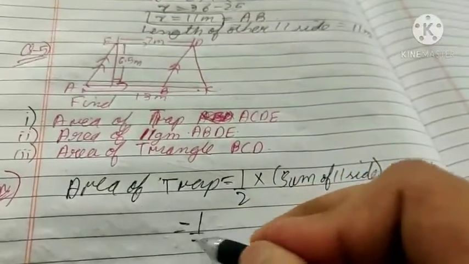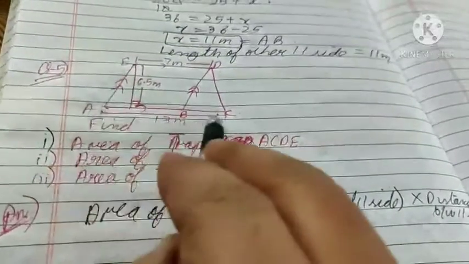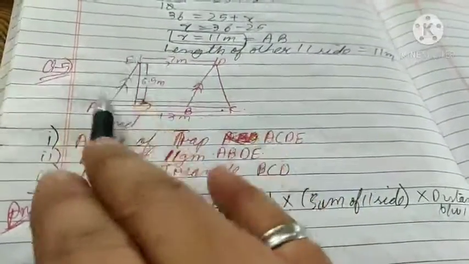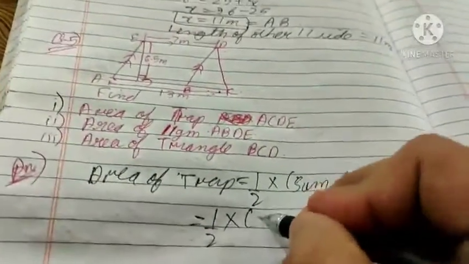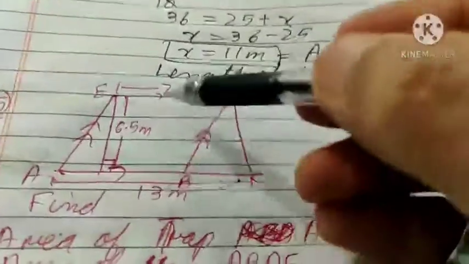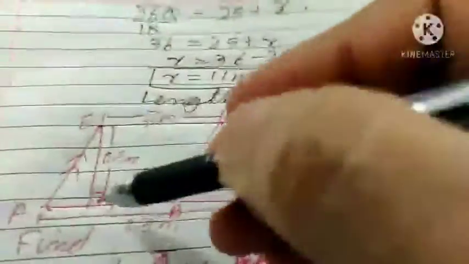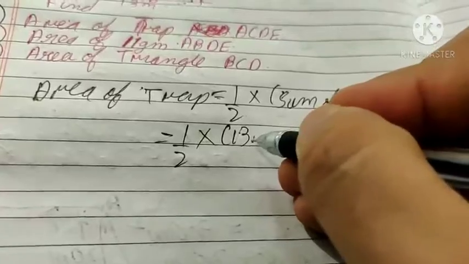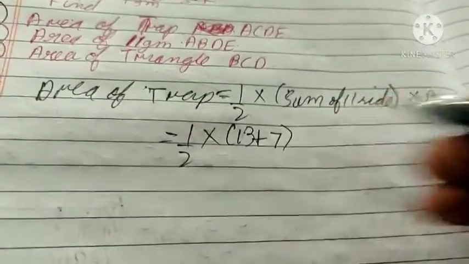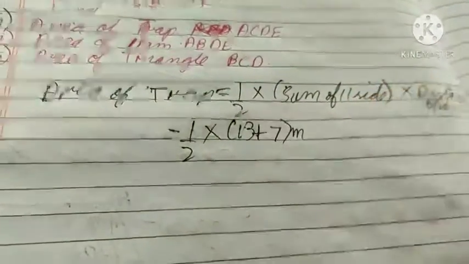So what are the parallel sides here? This and this, AC and DE are the parallel sides. In this complete trapezium, AC and DE are the parallel sides. So what are the lengths of parallel sides? 13 meter and 7 meter, multiplied by the distance between them.